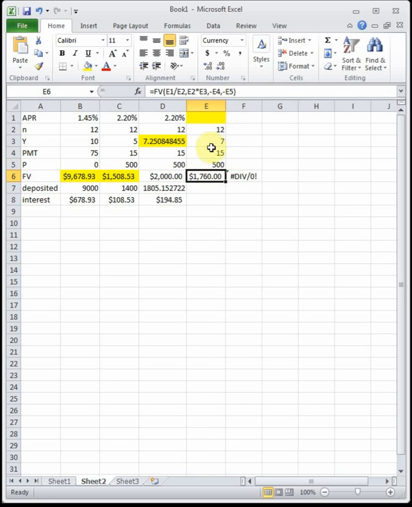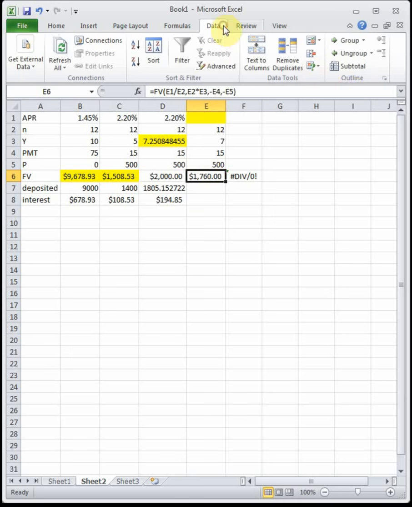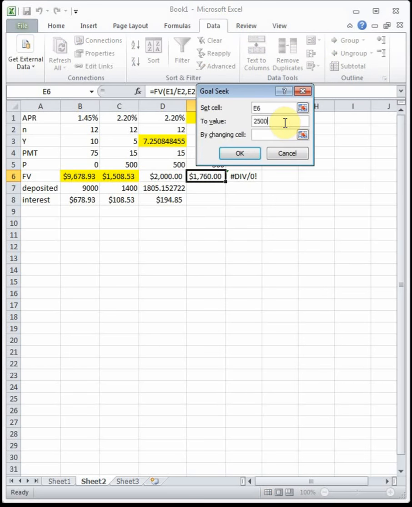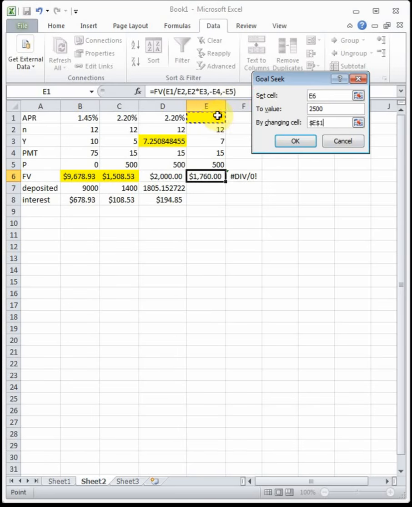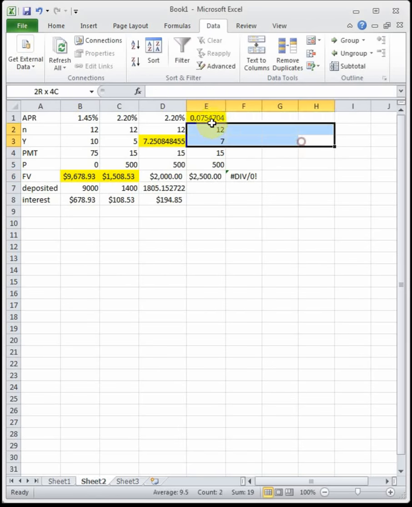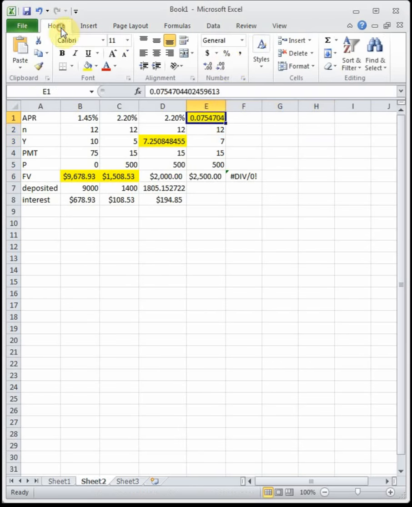So again, it's saying how much will the APR need to be to get her to, what was it, $2,500 in 7 years? So we need to goal seek it to $2,500 by changing our APR. I'm going to turn it into a percent with 2 decimals just to make it look pretty. So she needs 7.55% interest to get the $2,500 in 7 years.